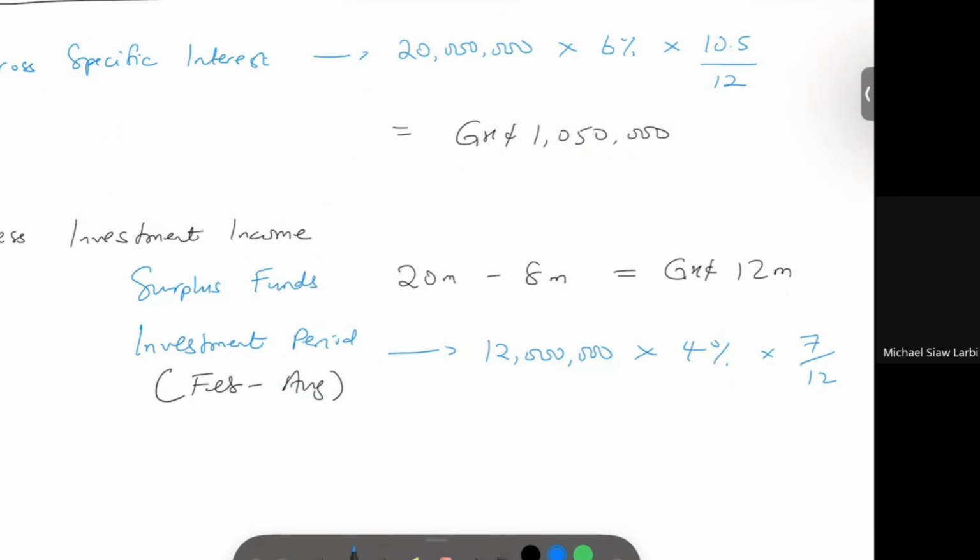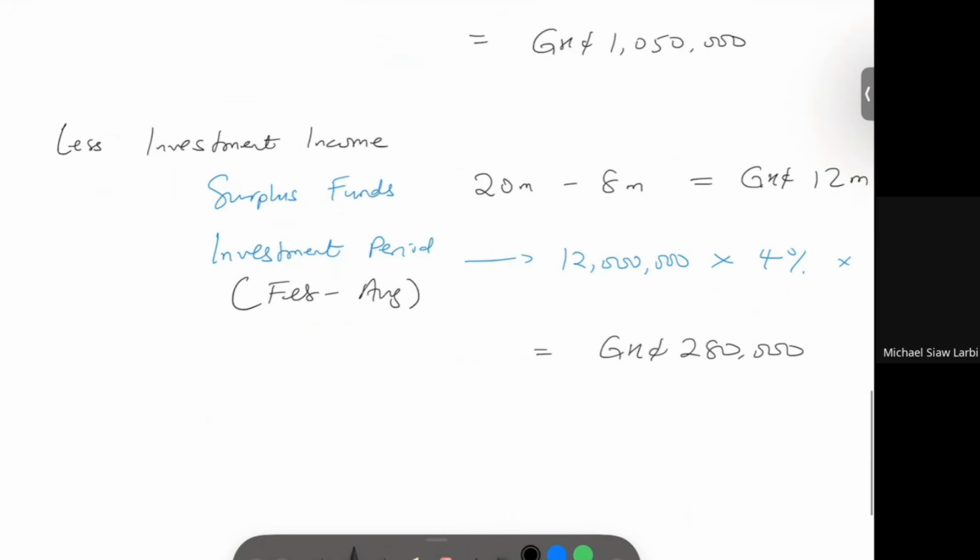So if you do the math, 12 million by 0.04 by 7/12, 280,000. So this is how much we made from the investment. But if you watch this carefully, this is how much has been invested. Okay. Now, let's find the net specific borrowing cost.